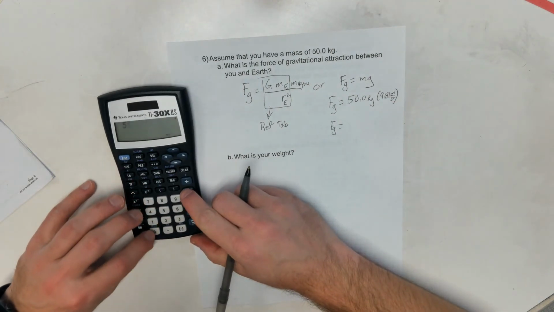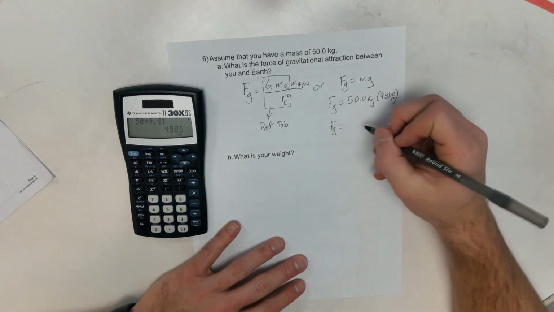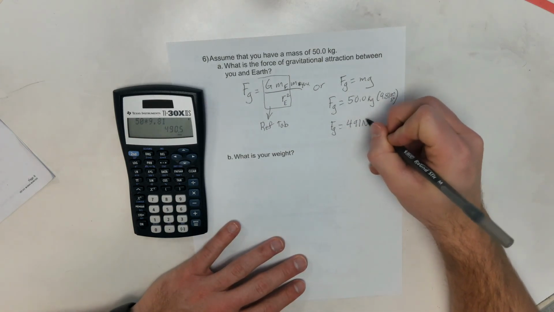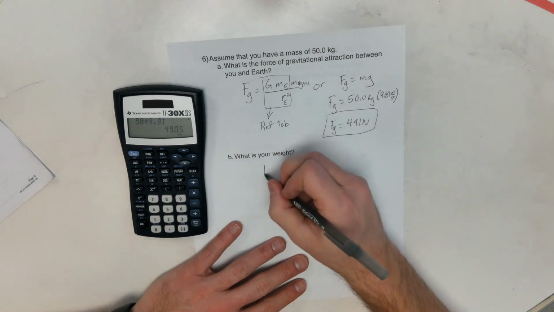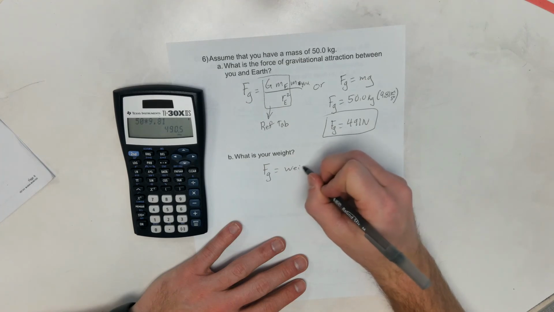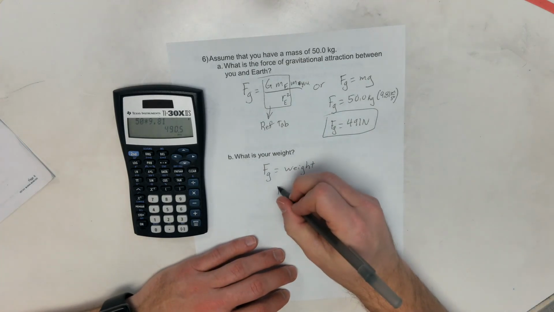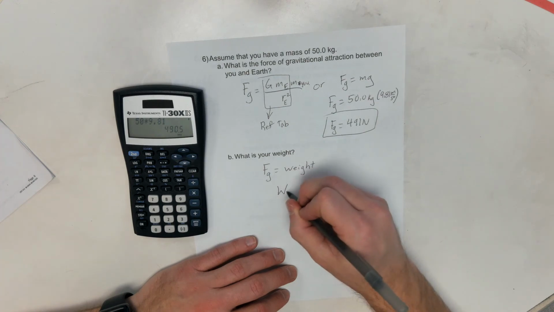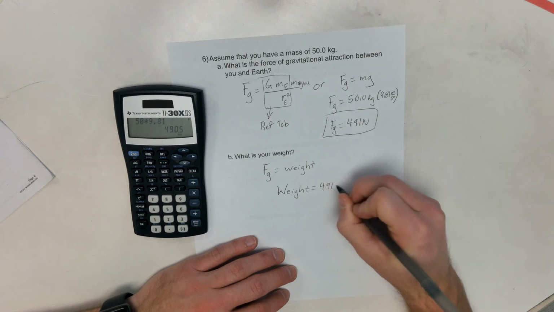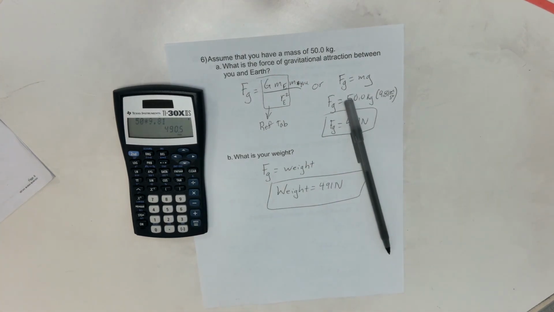So 50 times 9.81, you get 491 newtons. Love this one. What is your weight? Well, your force of gravity equals your weight by definition. Check your reference table. It says that. So your weight, oops, I almost started writing force of gravity again, is equal to 491 newtons.